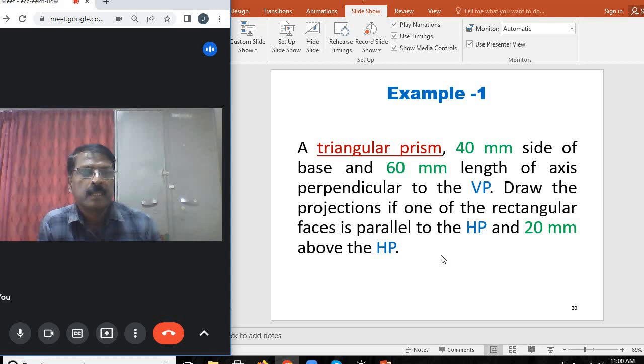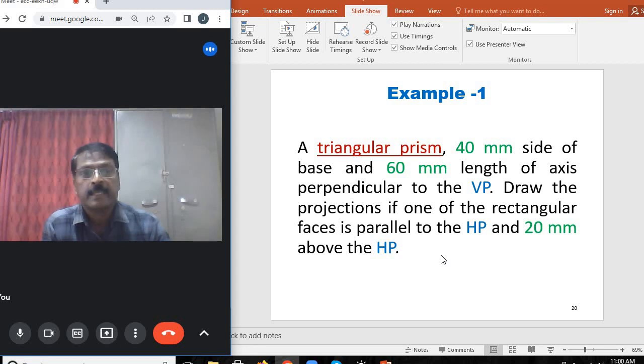The length of the base is 40 mm, and the length of the axis is 60 mm. With reference to the axis, we check whether it is parallel or perpendicular to the HP. In this problem, the axis is perpendicular to the VP.